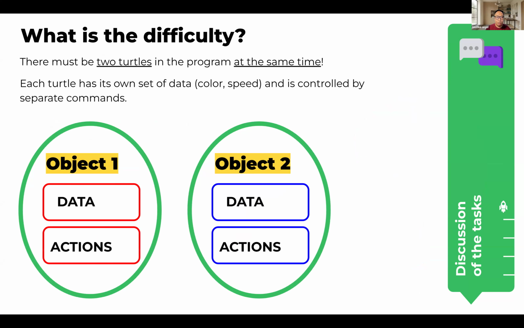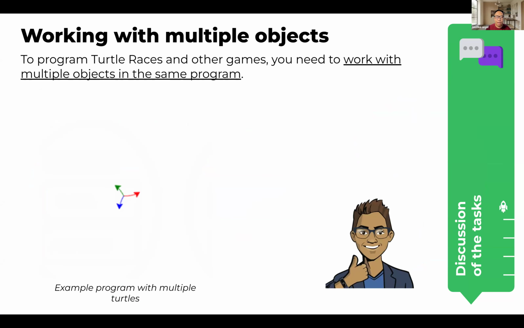Okay, so here let's see the animation first because we're going to make something like this in today's lesson. Do you see the animation? Yes. So today we will combine the turtle module that we already learned before with OOP.